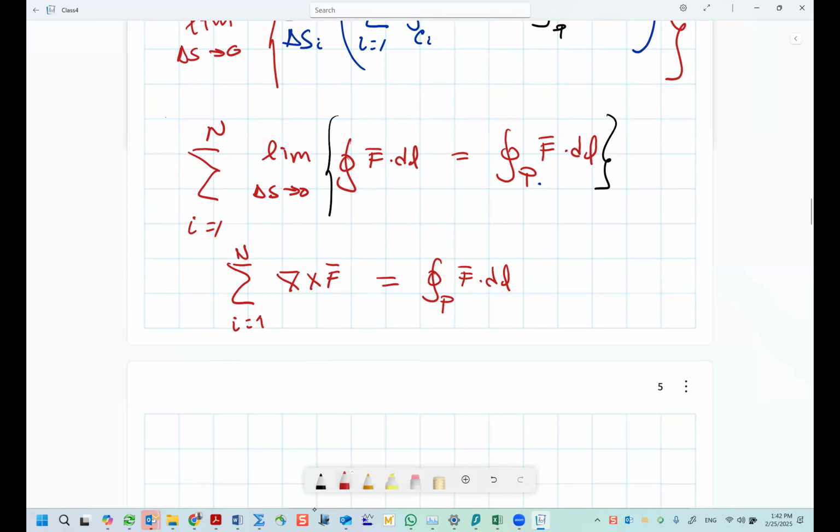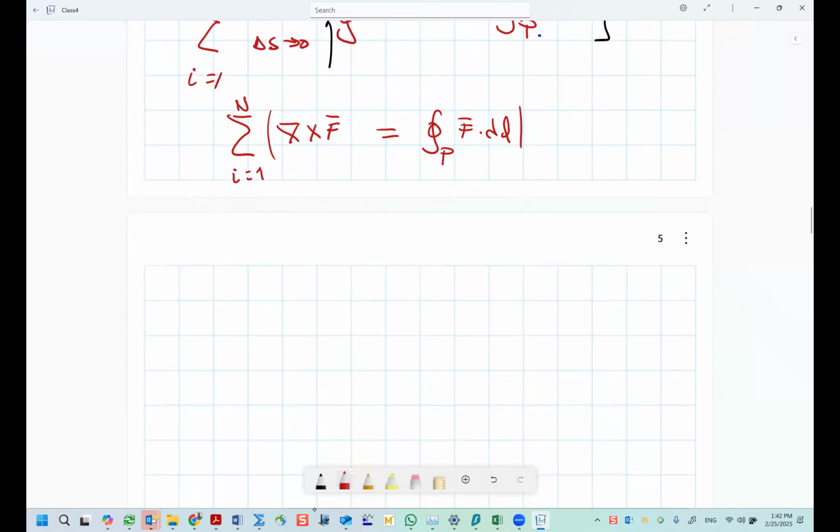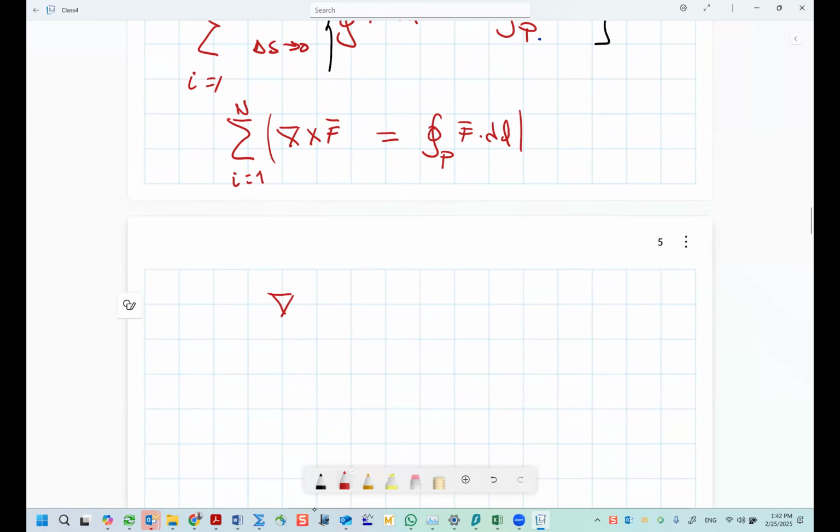And if I shrink it to a point for each one of them, I will get the same. The curl of F is equal to the closed integral of F dot dl at a point. And this is exactly what I wanted.